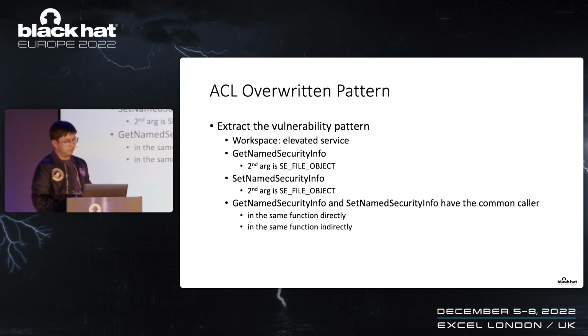Based on that, we can extract the vulnerability pattern. It's easy to understand. Find GetNamedSecurityInfo and SetNamedSecurityInfo, check the second argument to see if it is a file object, and find a common caller, directly and indirectly.